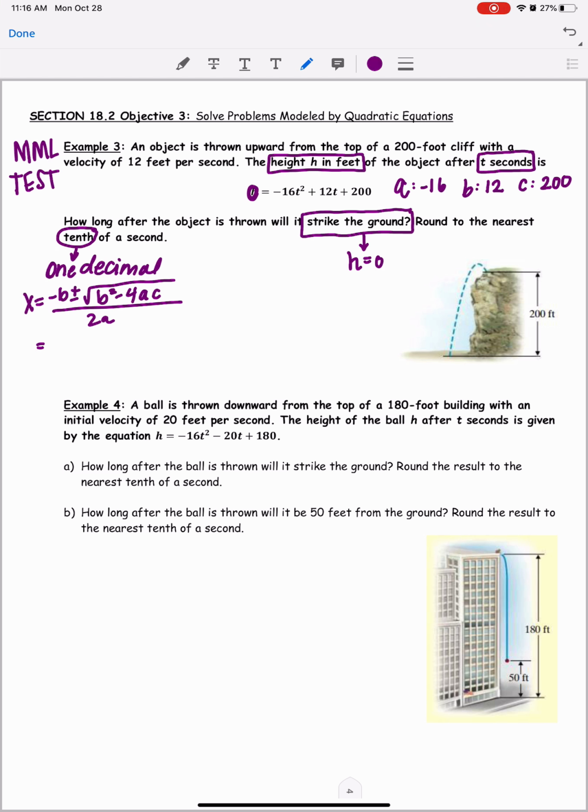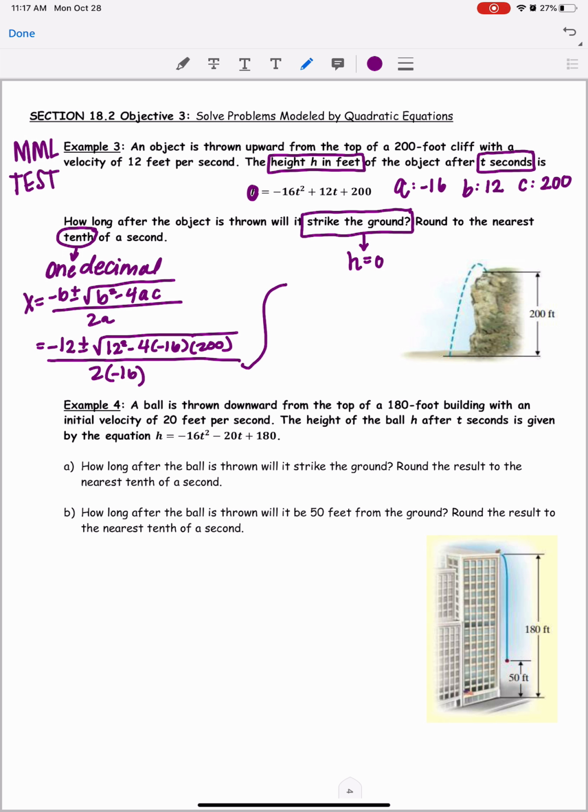So my negative b, my b is 12, so we got negative 12 plus or minus the square root of b squared, so 12 squared, minus 4 times a times c, and it's not square root over 2a, it is all over 2a.